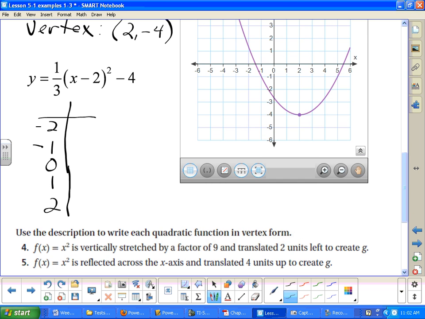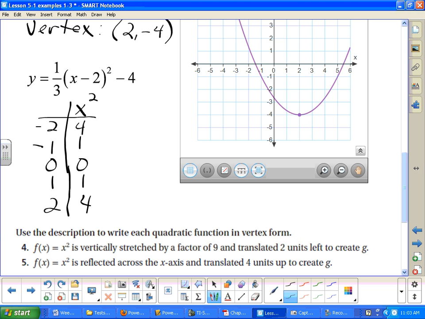If we're dealing with x squared, then it's 4, 1, 0, 1, and 4, right? So if a was 1, that means from the vertex, it would go over 1 and up 1, over 2 and up 4. And same to the left. To the left 1, up 1, to the left 2, and up 4.